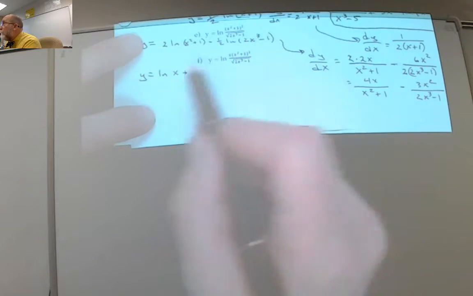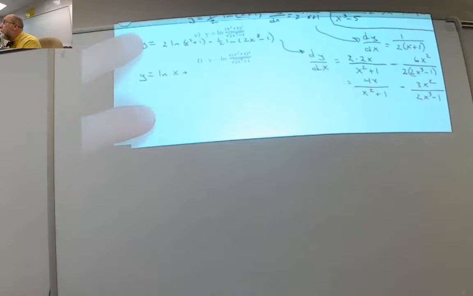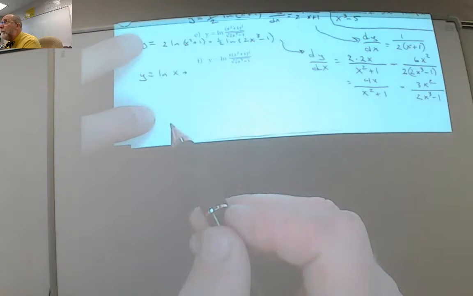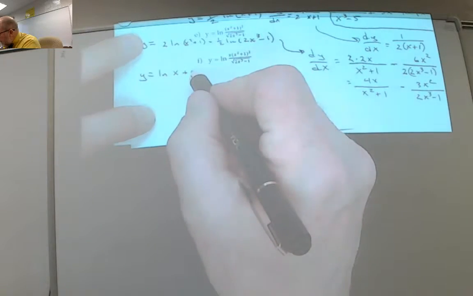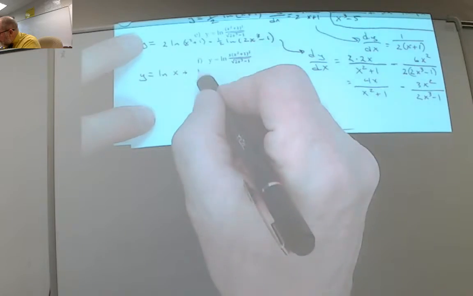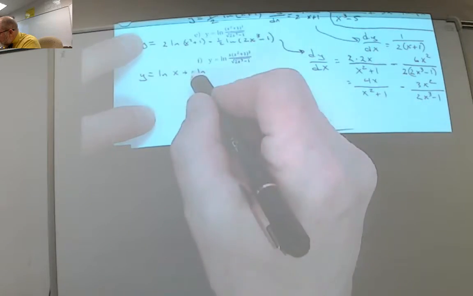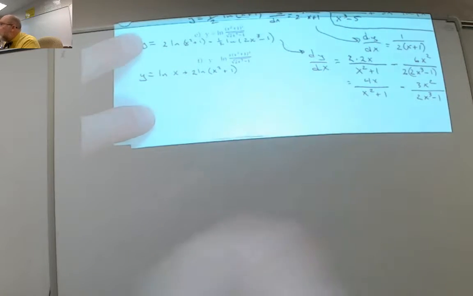Yeah. So it's going to be a natural log of x plus a natural log of something else. Right? I have 3 natural logs I can split up, because I have 3 separate functions inside there. Okay? Would be, yeah, y equals ln x plus ln 2x. Is that what you said?